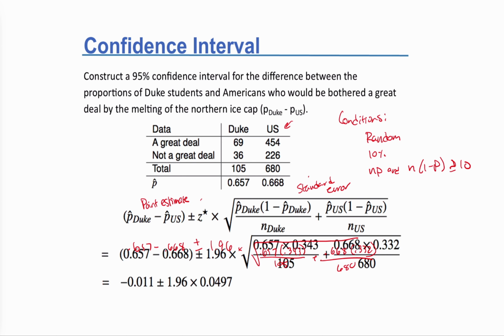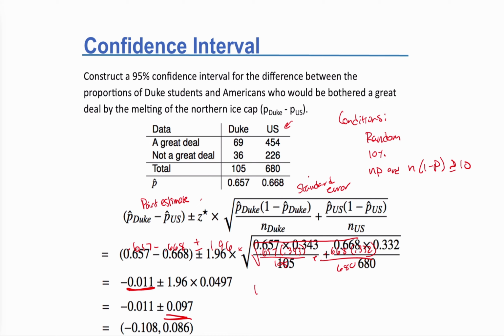And that gives us our point estimate of minus 0.011, and our margin of error ends up being 0.097. So our confidence interval we get is from negative 0.108 to positive 0.086.